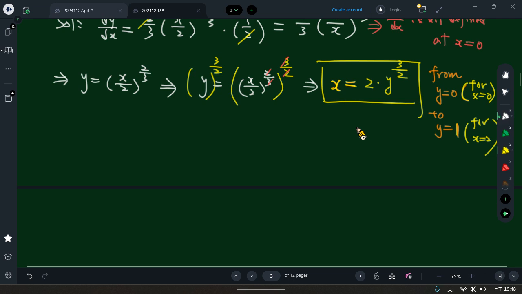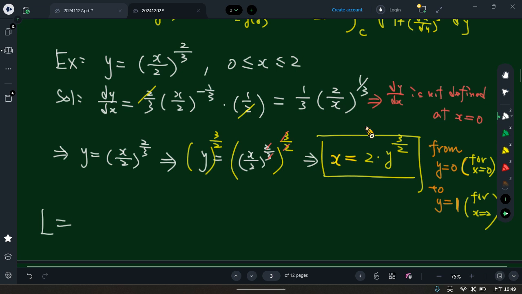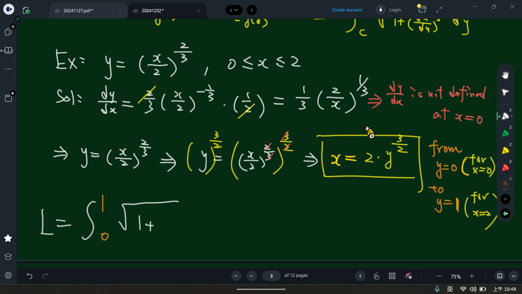So the length we can reformulate as the integral from 0 to 1 of the square root of 1 plus, okay, here we still need to do one thing.